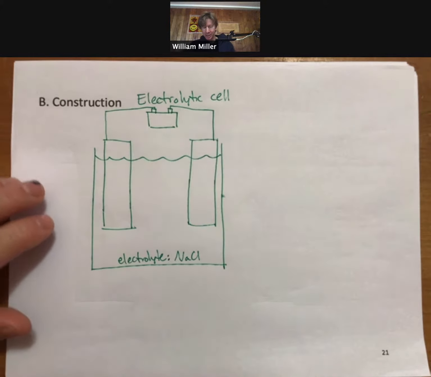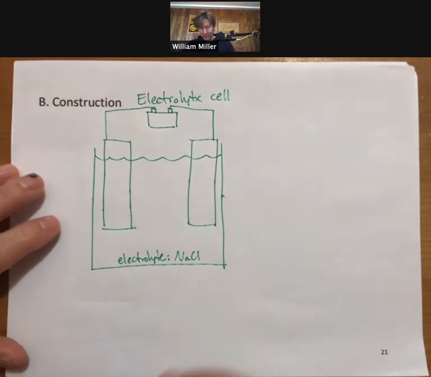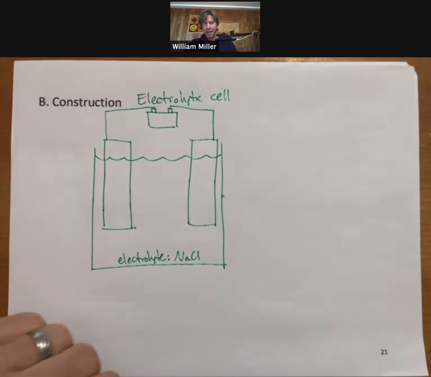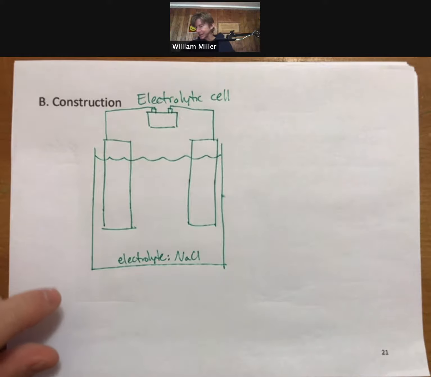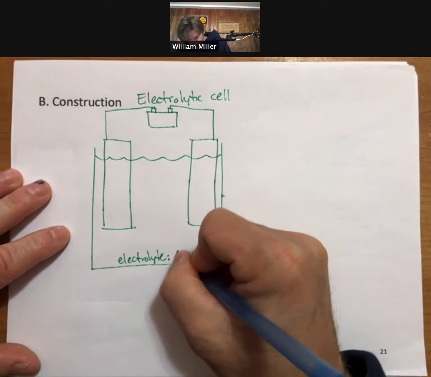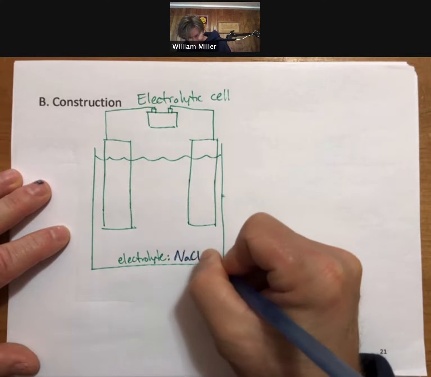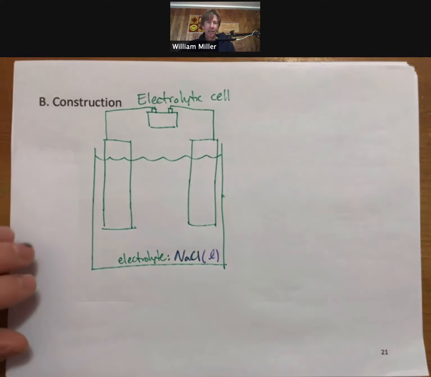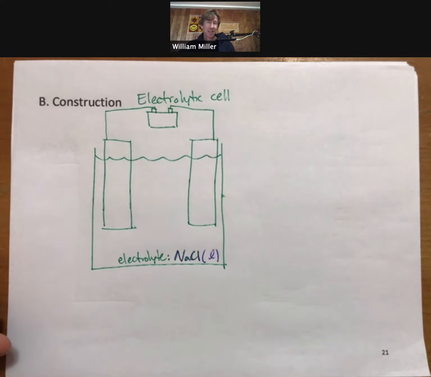This is a generic cell, generic in that it has an electrolyte. I've personalized it already by making the electrolyte sodium chloride, and in fact I'm going to make this sodium chloride liquid, and that's going to simplify some things for us.